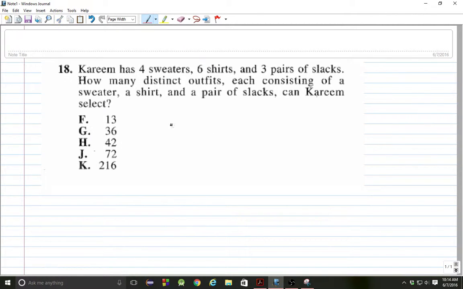I mean, we could think of it as S, S, S, S for sweaters.